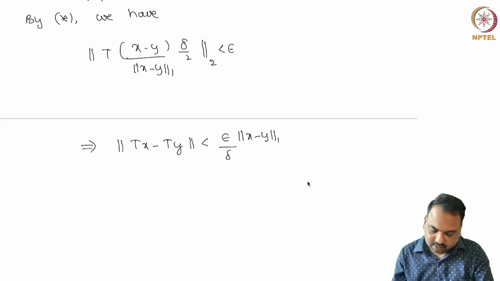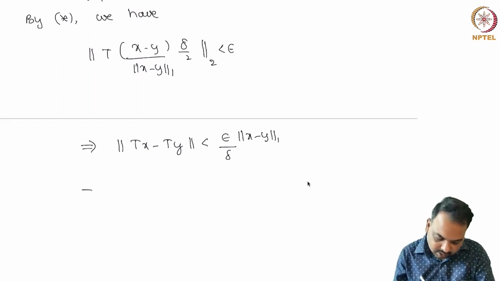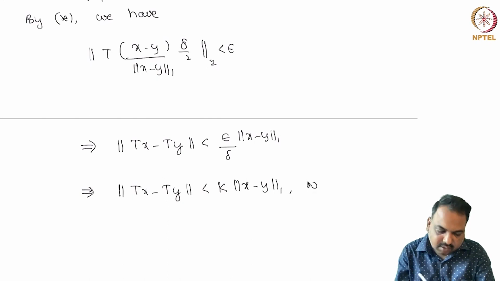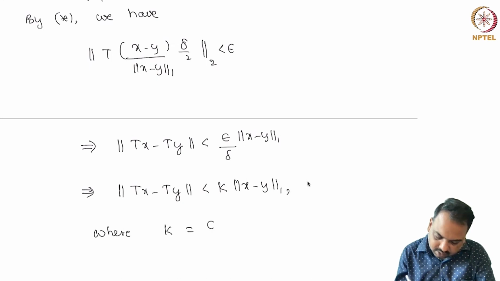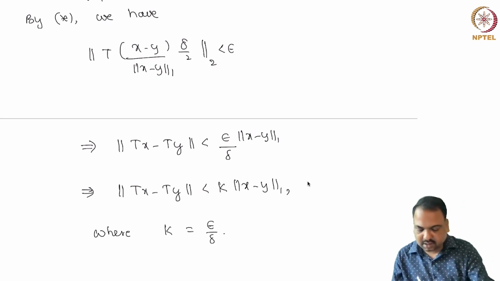Okay, so this implies the norm of Tx minus Ty is less than or equal to k times the norm of x minus y, where k is nothing but epsilon by delta.